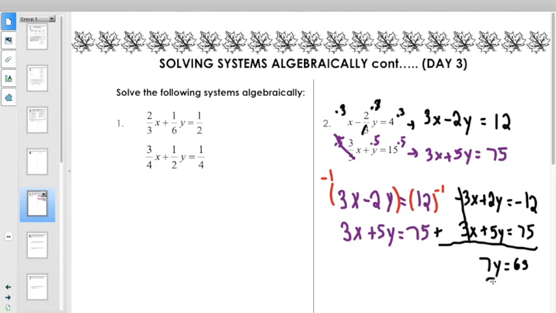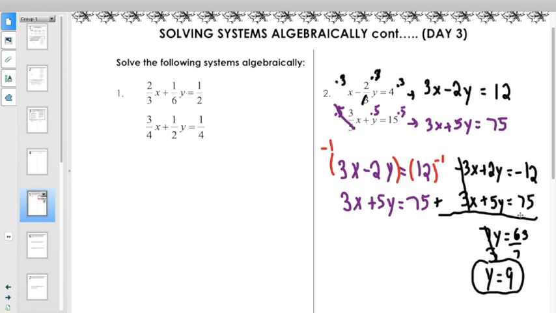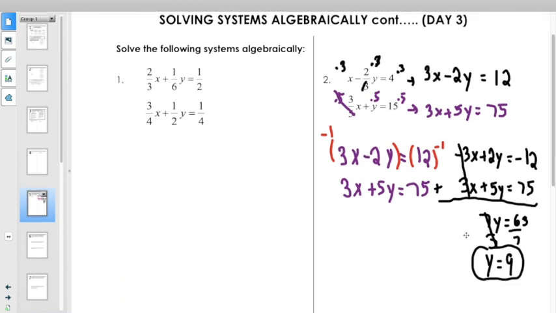Solving for y, divide by 7 on both sides. So y is equal to 9. Okay? Now, if you guys noticed, starting off these problems takes a long time to get one of the letters that we want, right? That's where the most work and effort comes from.